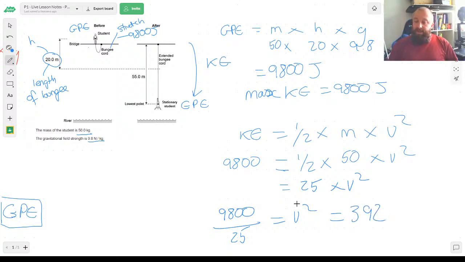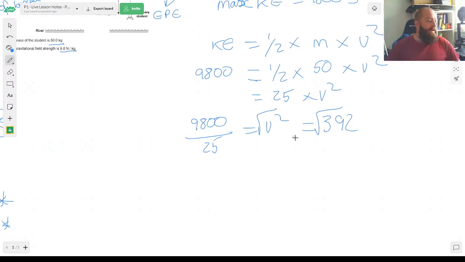To work out the velocity, at the moment we've got v squared is 392. What I need to do is square root both sides to work out v, because the opposite of squared is square root. So let's just see if this is going to work.